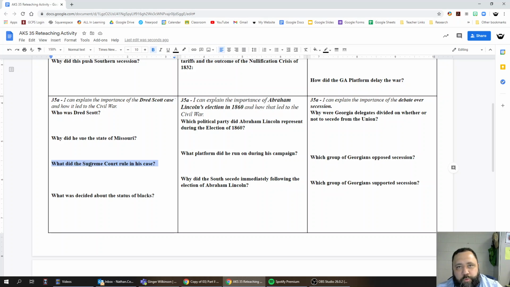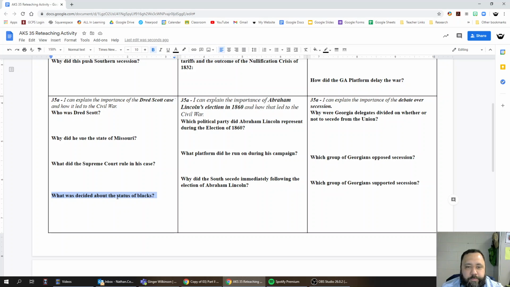So the Supreme Court would rule that all the restrictions on the spread of slavery outside of one state, New York, were unconstitutional. They were a violation of an individual's property rights, seeing as, in their eyes, slaves were considered property. And then more generally, they decided that no black person, freed or enslaved, was allowed to be a citizen of the United States.